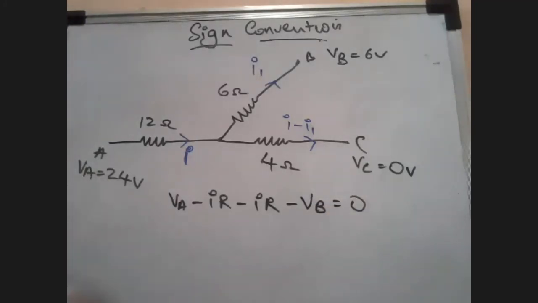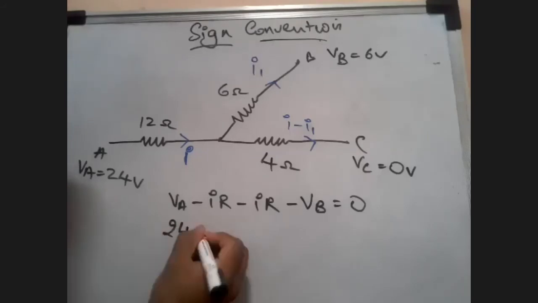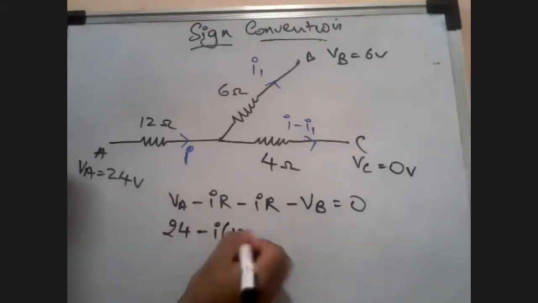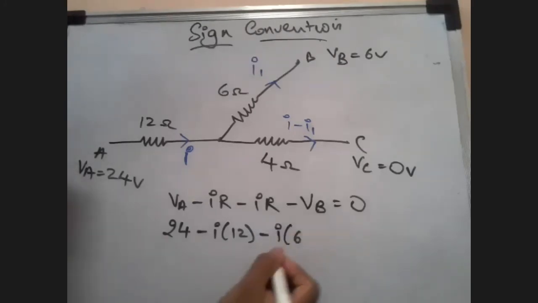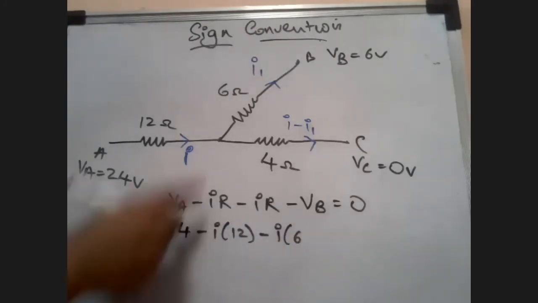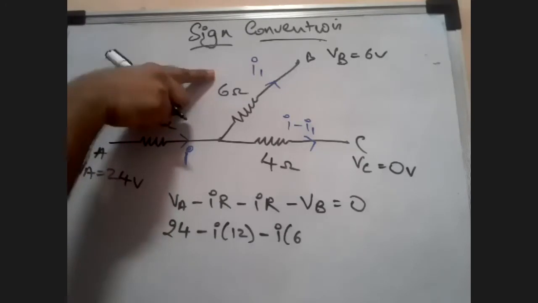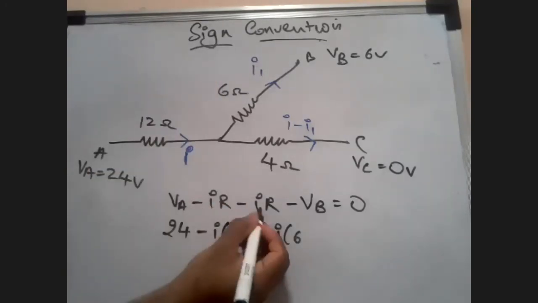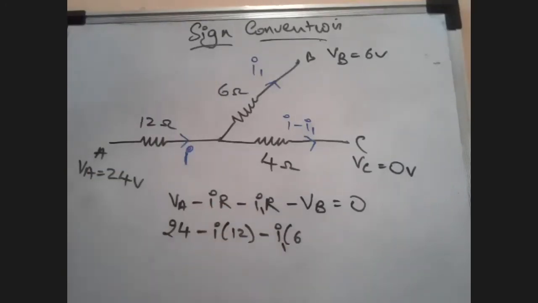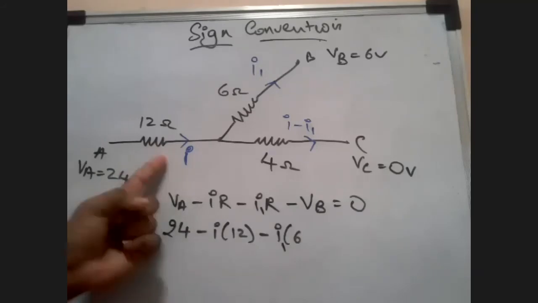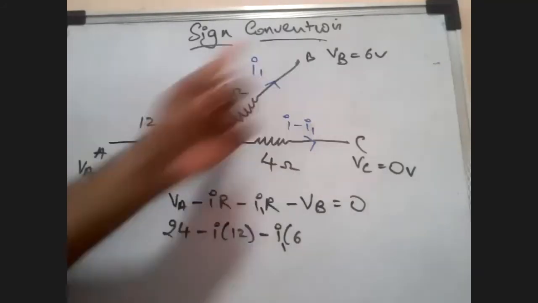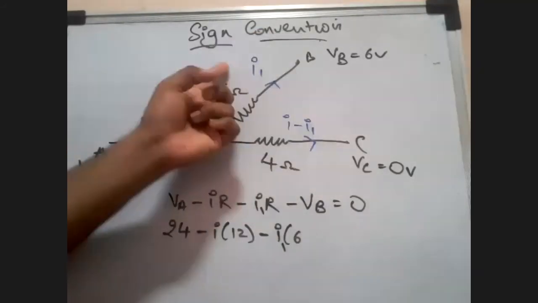Substitute the values. 24 minus I times 12, minus I times 6. But remember, it will be I1 over here. Yes, it will be I1. When we are considering this branch, we take the current as I. When we consider this branch, we consider the current I1.